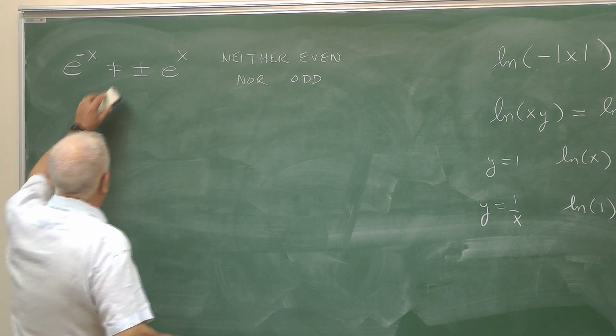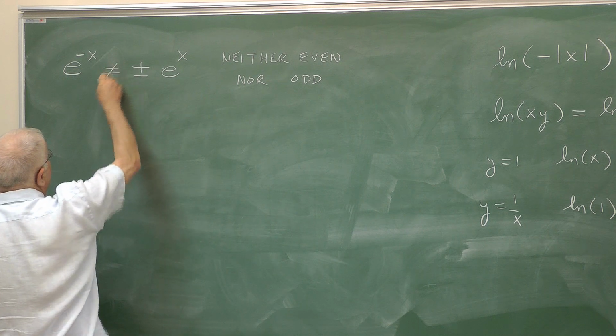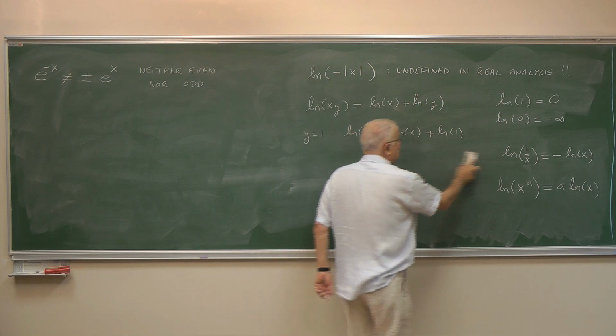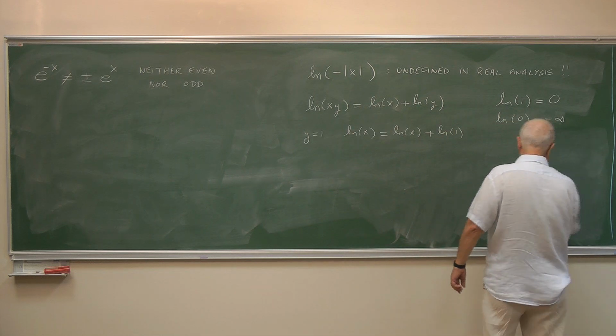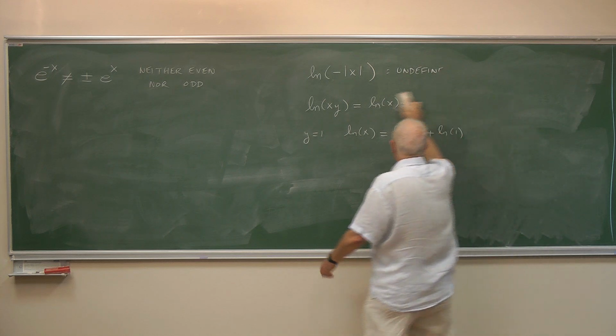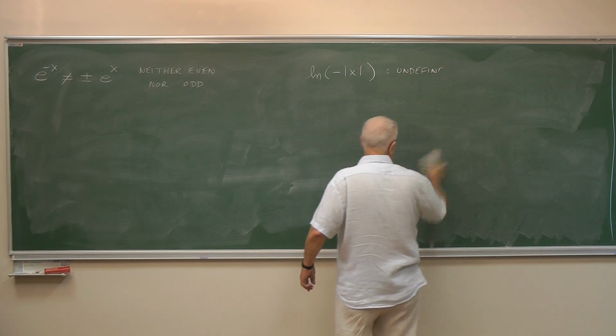What do we do when we have something like this? Well, there is always a way to create an odd and an even function out of an arbitrary function.